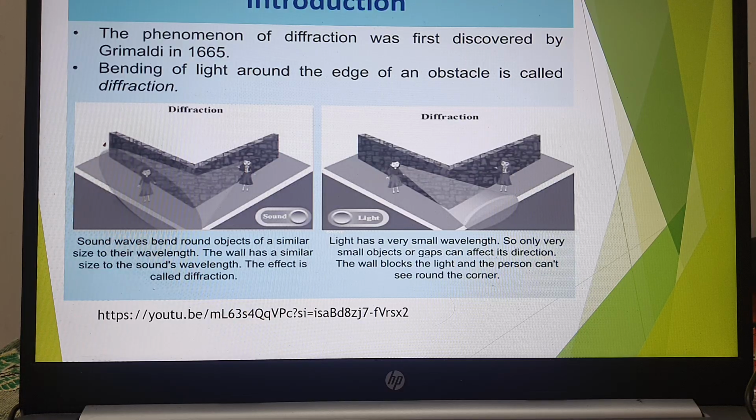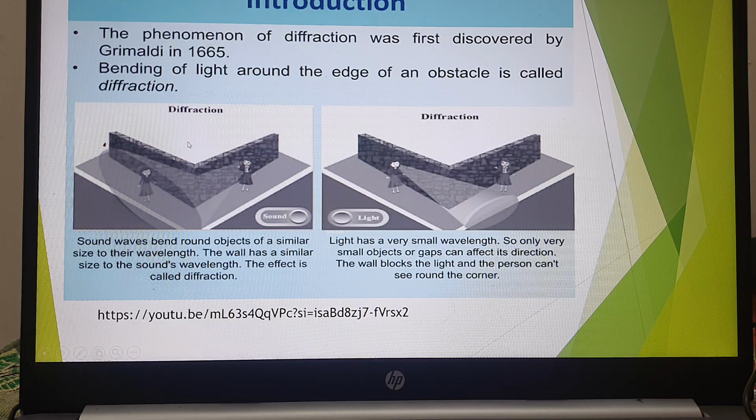Bending of light around the edge of an obstacle is called diffraction. Generally, the definition in layman's language is bending of light around the edges of an obstacle.